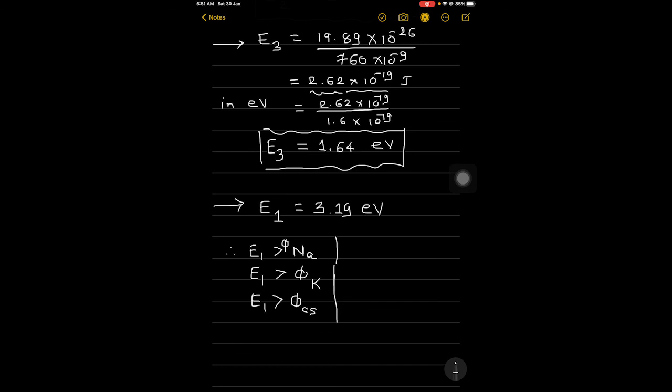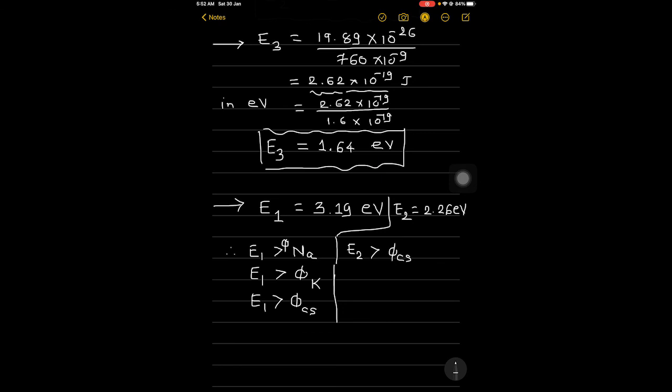Another thing is that it will also operate with yellow green light, having E equals 2.26 electron volt. So E2 is 2.26 electron volt, which is also greater than the work function of cesium, that is about 2.14 electron volt.